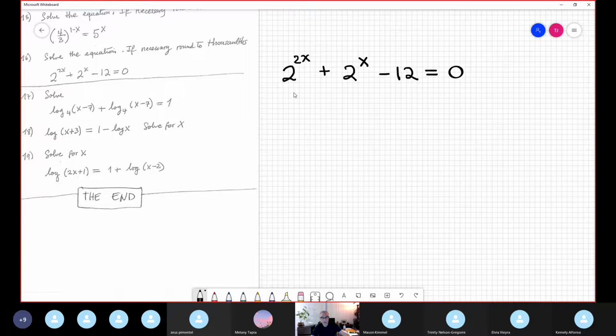Okay, in this case, this equation is quadratic in form. Remember, it's an equation that contains, for example, one expression like that.